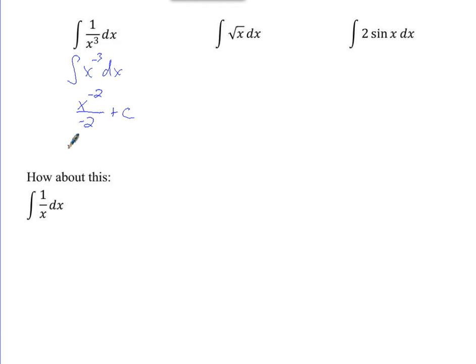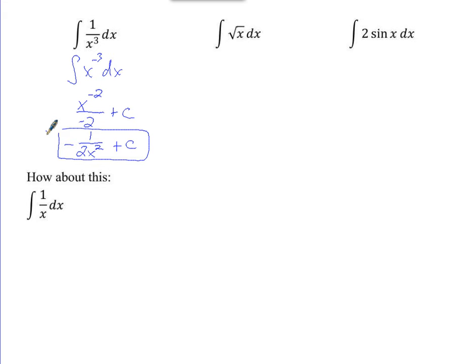Then rewrite that. The negative sign out front, the 2 is in the denominator, and the x squared in the denominator as well, so negative 1 over 2x squared plus c is your answer. Make sense? Okay, tell me what to do on the next one.